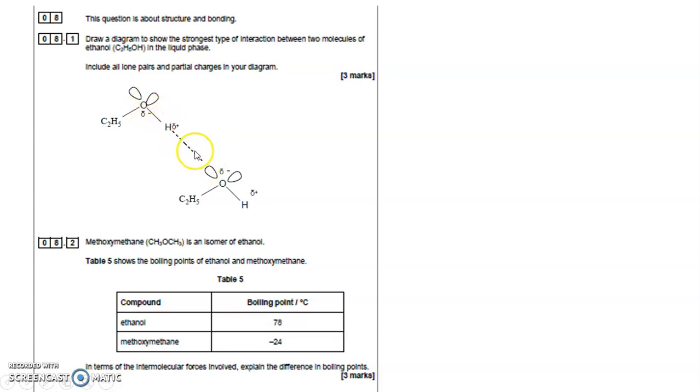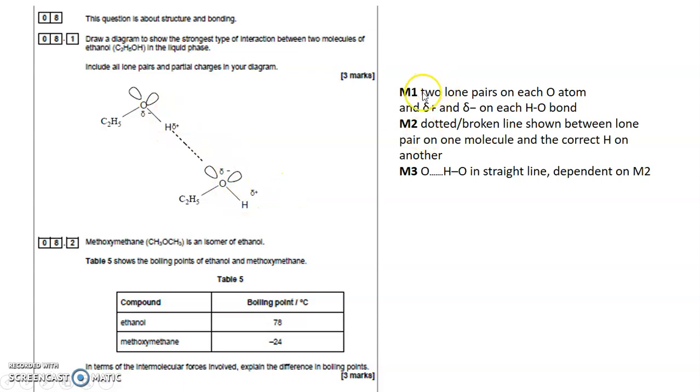And you've also got to draw in a straight line the O, the H, and the O, and another H out here. So it goes H, O, H, O, because these lone pairs and the H plus and the lone pair and the H plus all repel, and therefore set it up in a line. So you can see from the mark scheme how it works out. You've got 2 lone pairs on each oxygen atom, and delta plus and delta minus on the OH bonds.